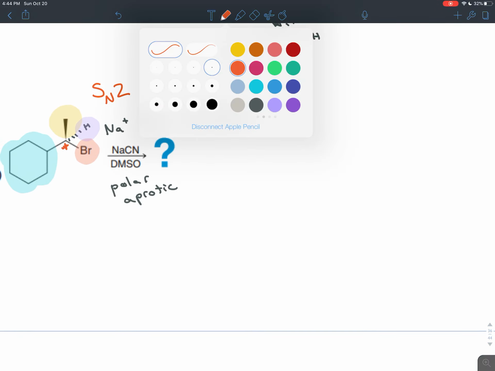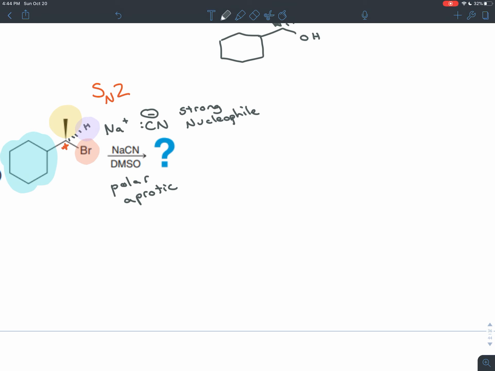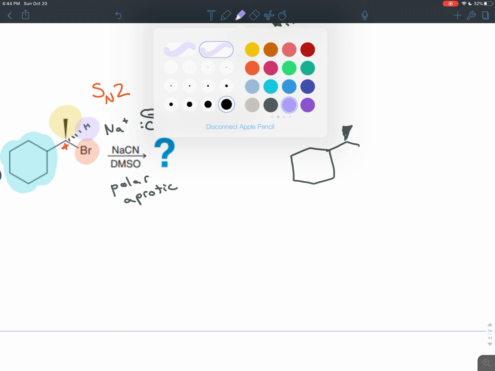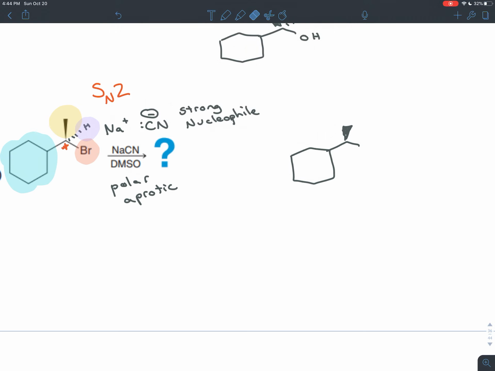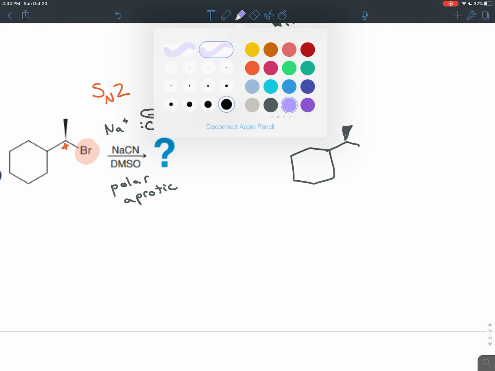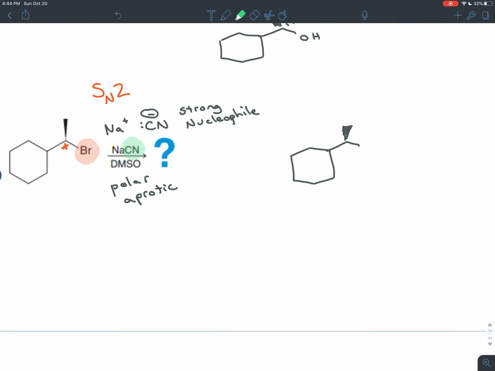In other words, if it kept the configuration that it has, then this methyl group would be coming out at us, and we would just replace the leaving group, the bromine, with the nucleophile, the CN. But that would keep the configuration.